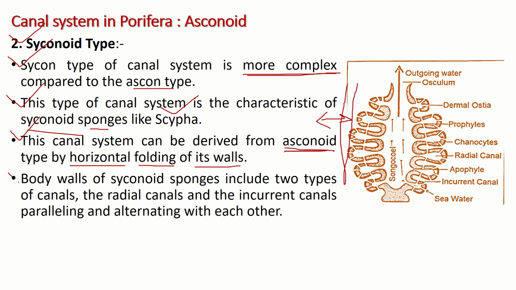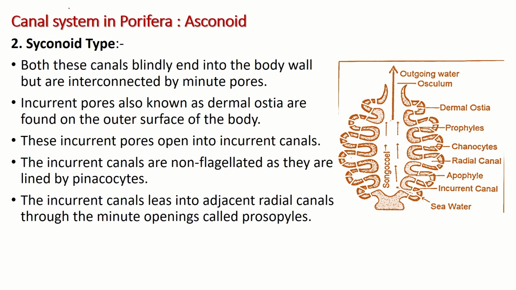The body wall of syconoid sponges includes two types of canals, radial canals and incurrent canals, that are parallel and alternate with each other. Here is the radial canal, there is the incurrent canal, alternately arranged. Both these canals end blindly in the body wall but are interconnected by minute pores.